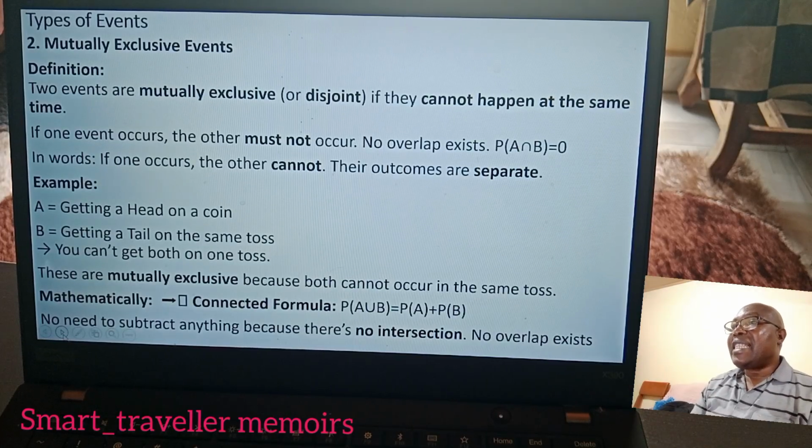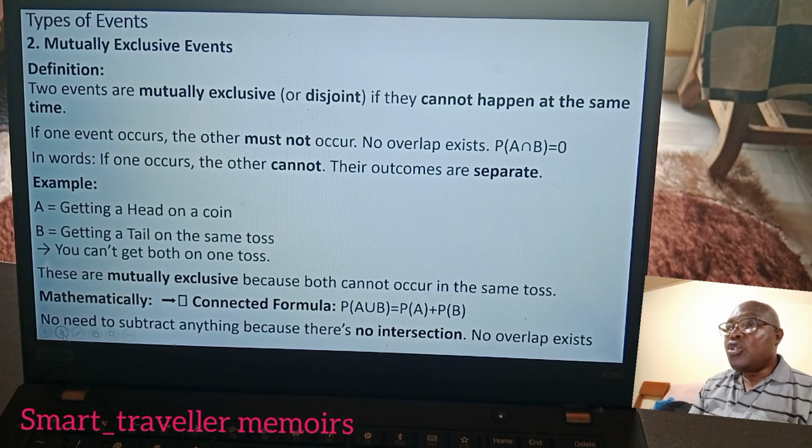Their outcomes are separate. For example, A represents getting a head on a coin, and B represents getting a tail on the same toss. This implies you cannot get both on one toss.